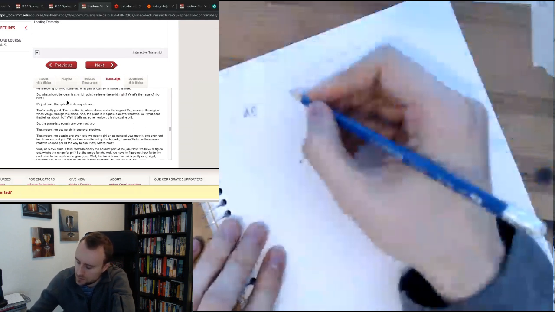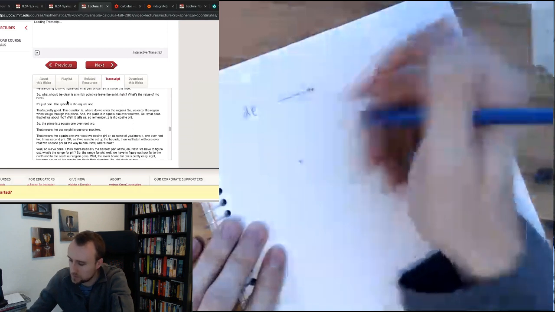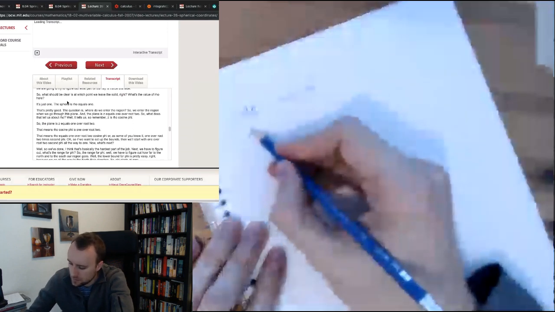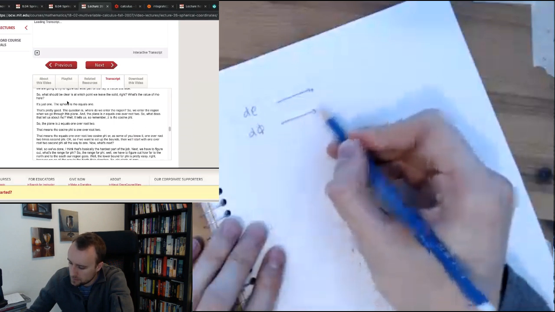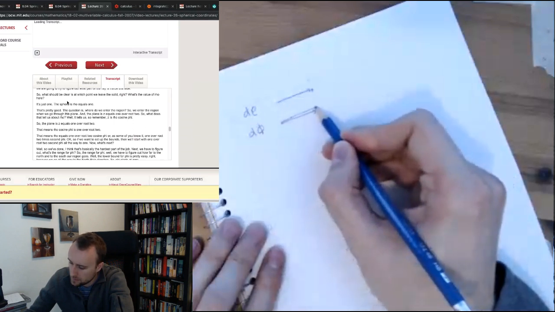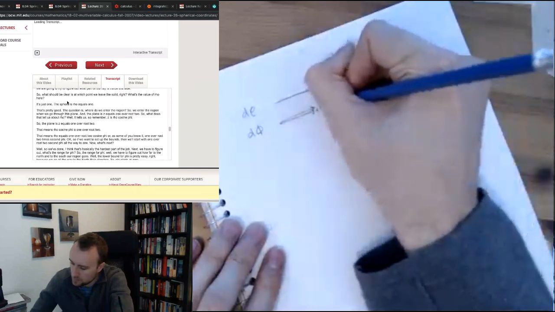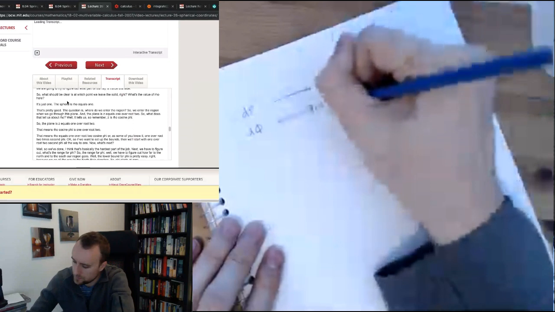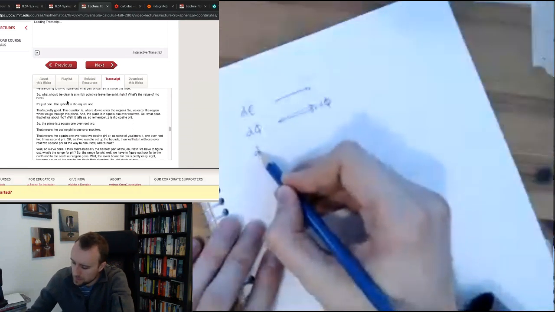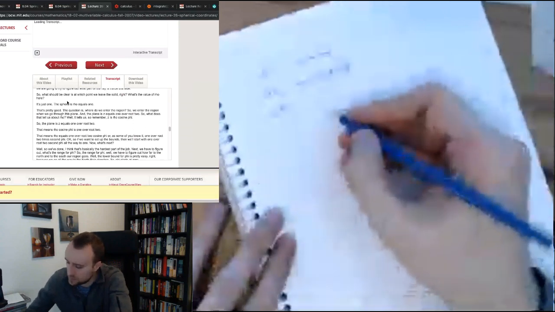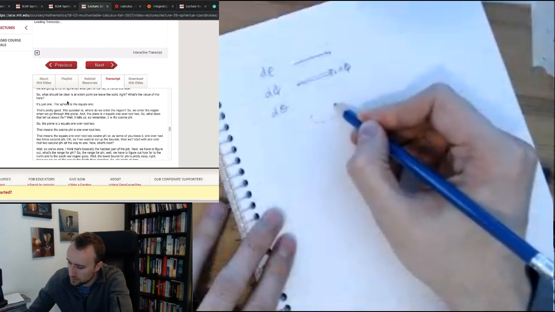d rho is going to be an infinitesimal addition to the length. d phi is going to be infinitesimal d phi. And then the theta is going to be, so sort of think of this angle here.